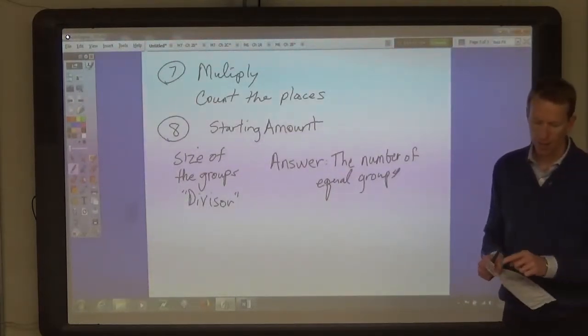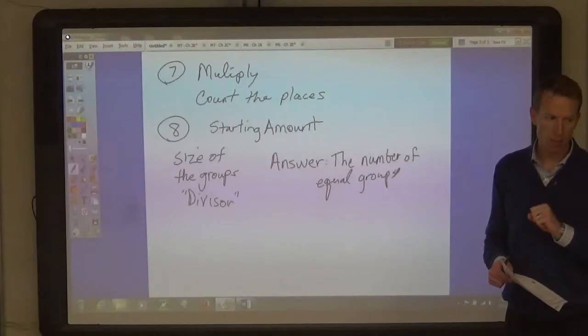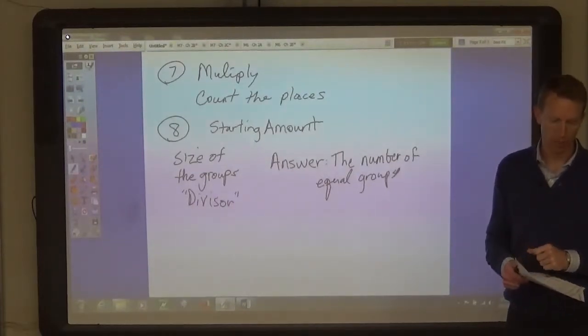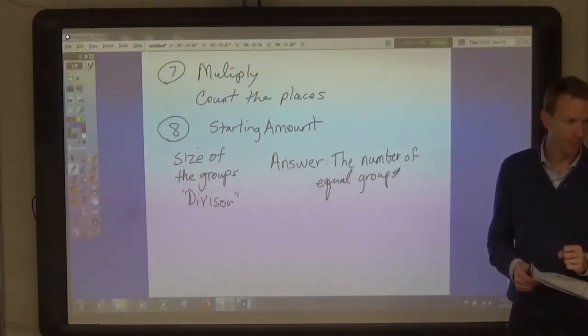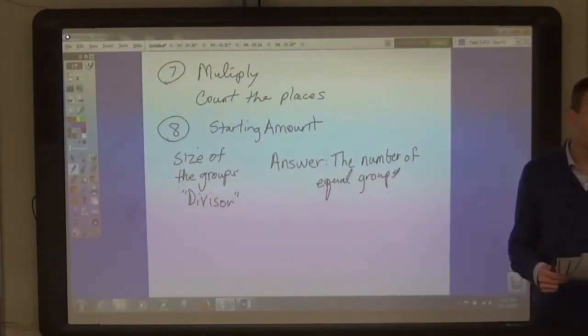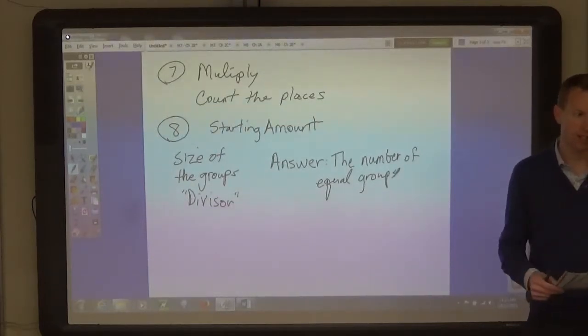Well, wait a minute. There's only 3 numbers behind the decimal point in the original problem. The 7 is behind the decimal point, the 0, and the 3. So you only need to move the decimal point 3 places in your answer.